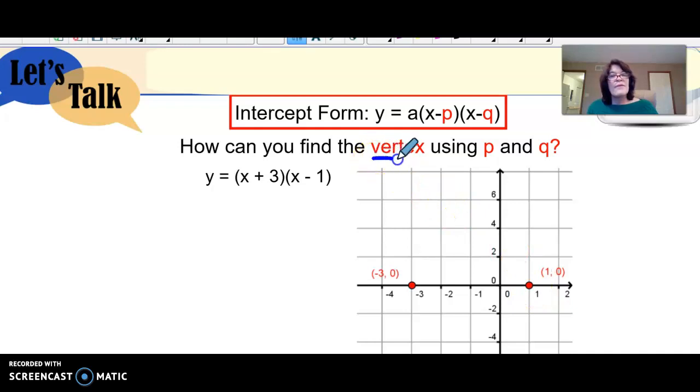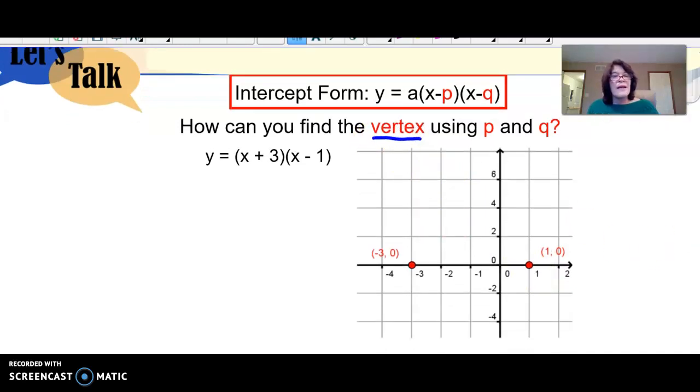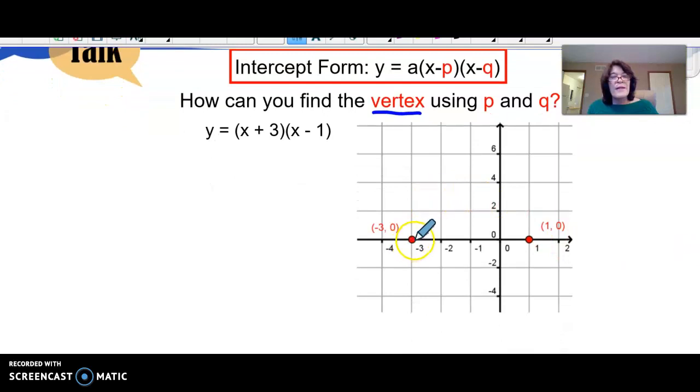Now, I'd like to be able to find the vertex. And to find that, guys, the vertex is always halfway between your x-intercepts. So 1, 2, 3, there's 4 spaces between here. The vertex is going to be right here. I know it's below here some way because my parabola is opening up.